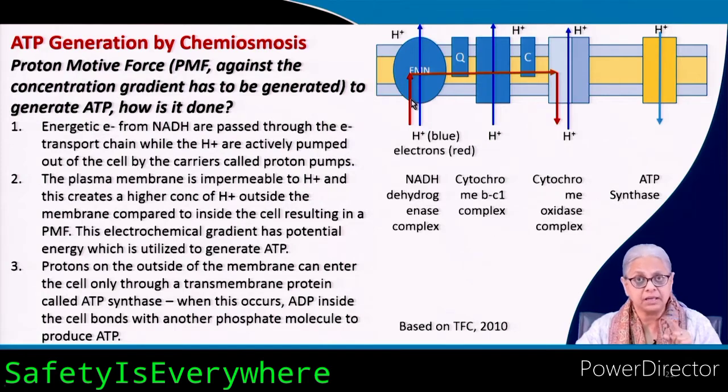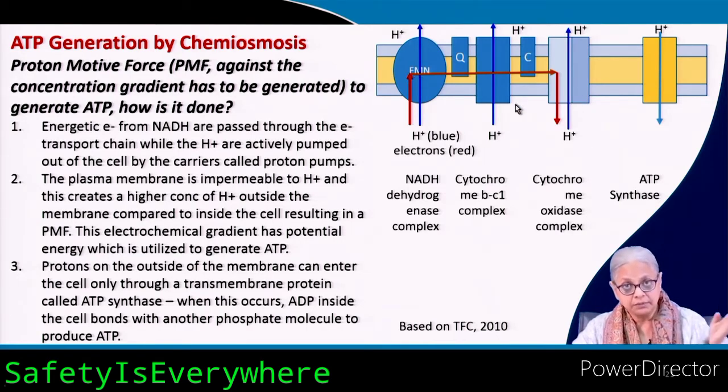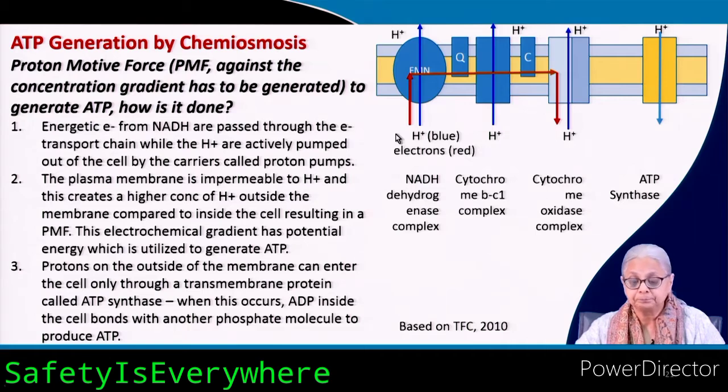Where are the electrons? The electrons are together with the protons here, and as the protons are being pumped out, the electrons are passing from one complex to the other in the electron transport chain. I'm not going to go into any details, we will come to them later.